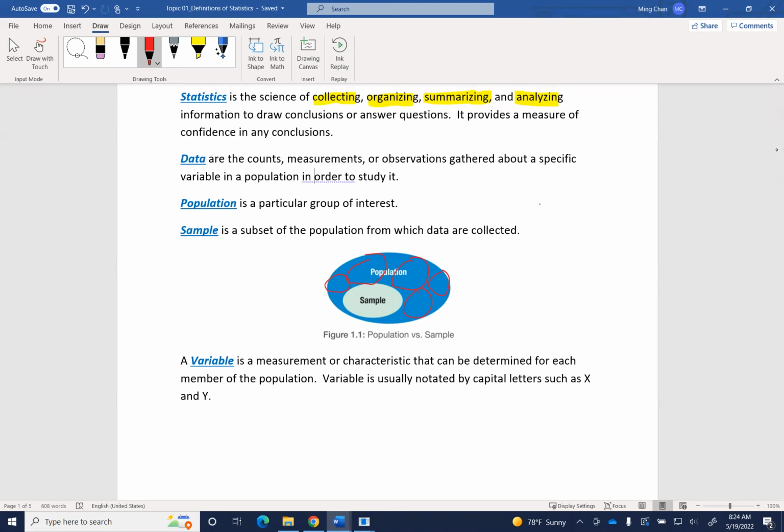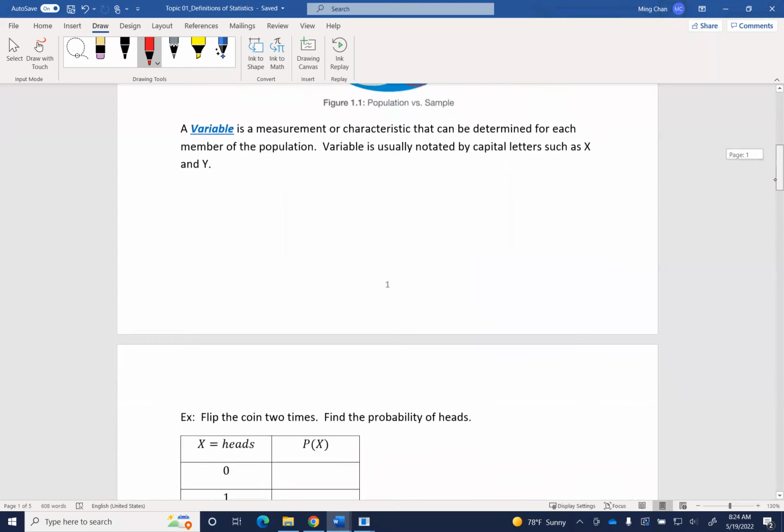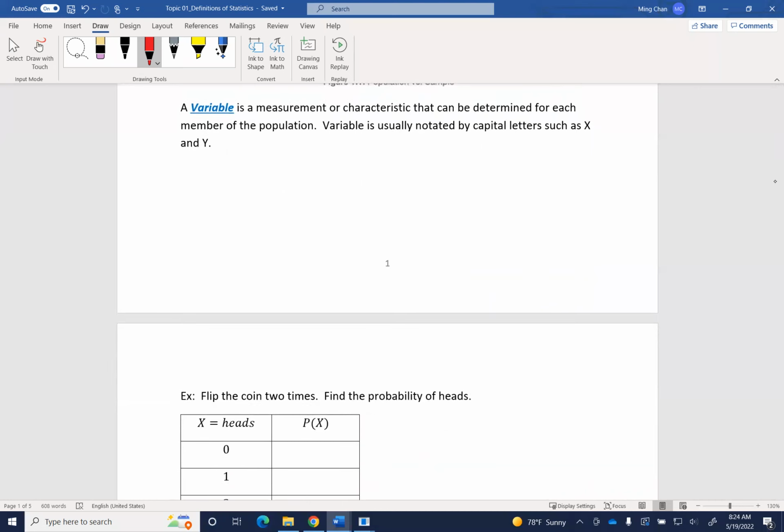All right, a variable is a measurement or a characteristic that can be determined for each member of the population. A variable is usually notated by a capital letter such as X or Y. So here, for example, if I want to flip a coin 2 times, find the probability of heads. So finding the probability, that means the heads right here will be your variable.